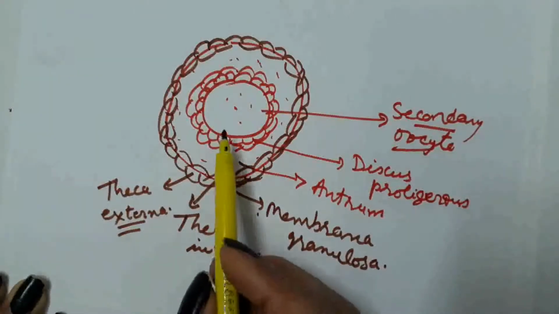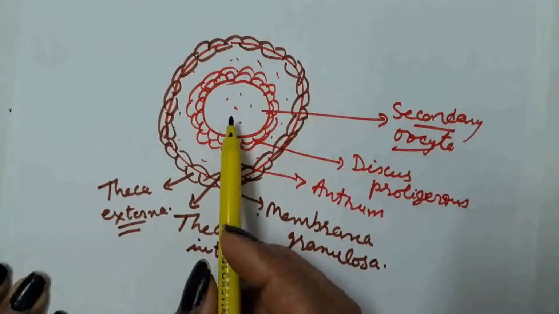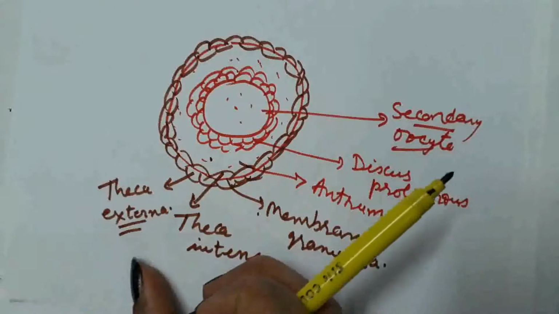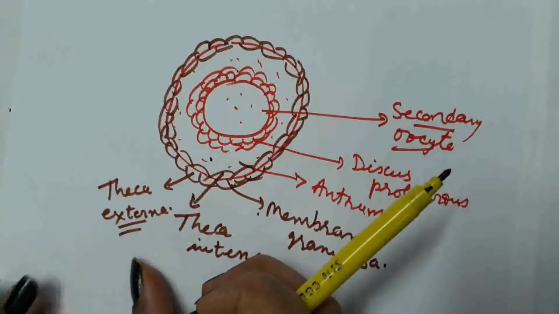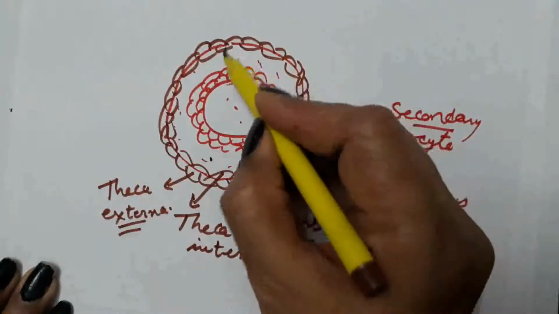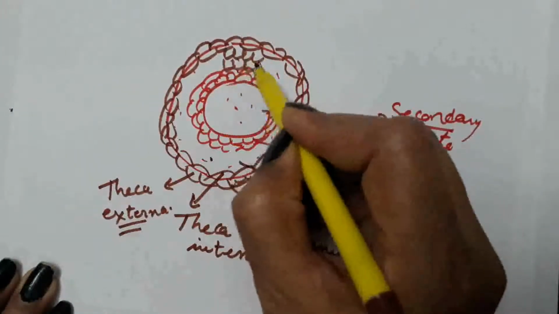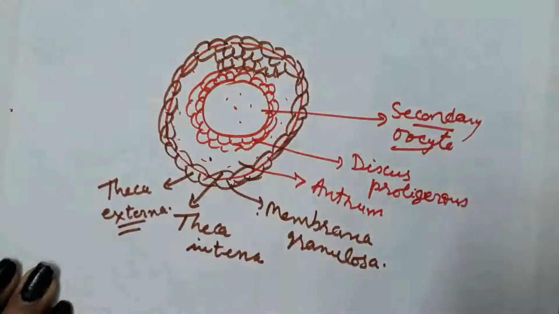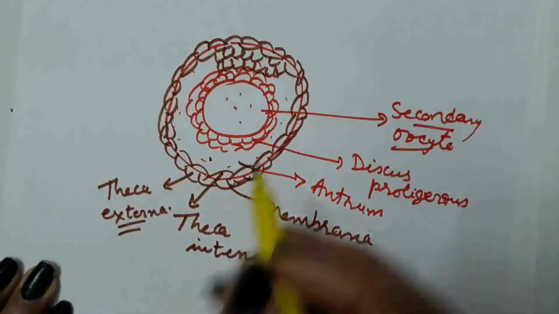This secondary oocyte is not floating in the fluid filled cavity antrum. It is suspended in the cavity of Graafian follicle with a group of cells. We call these cells germ hillock.